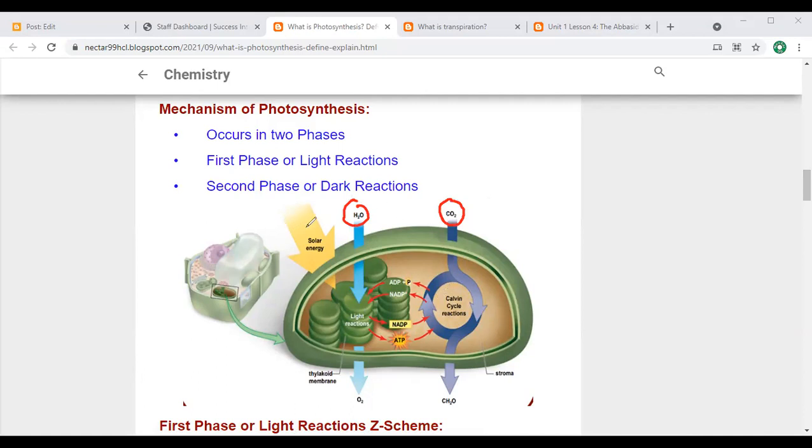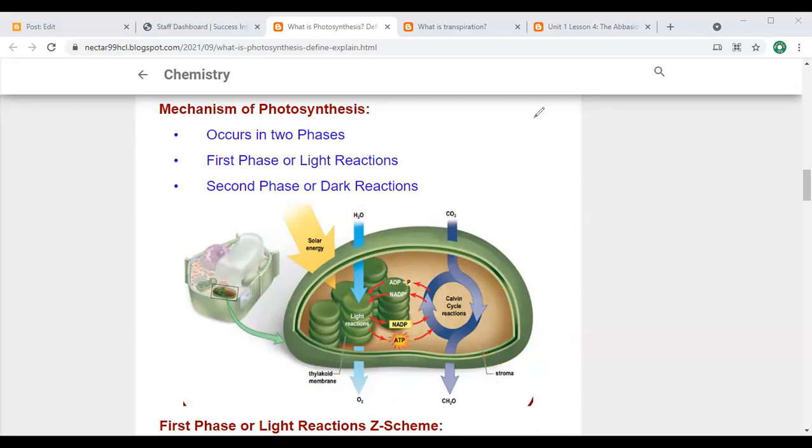In the presence of sunlight, you then get oxygen and CH2O, and that is in your stroma. Here these are the thylakoid membranes. This is the light reaction, and the whole process going on in the stroma is the Calvin cycle, or we can name it the dark reaction. After this, we move to the next part.